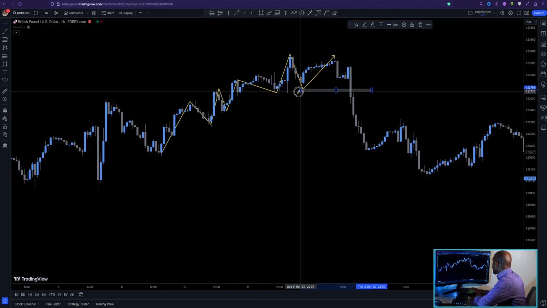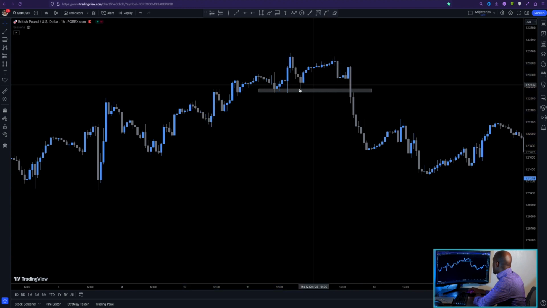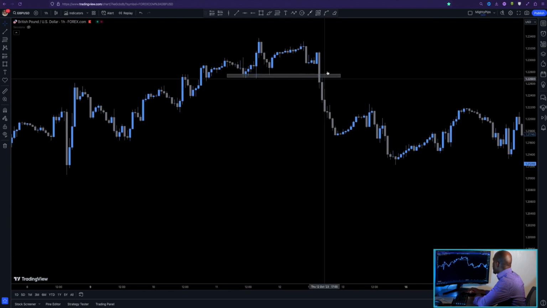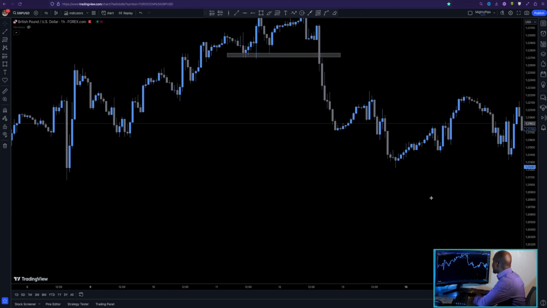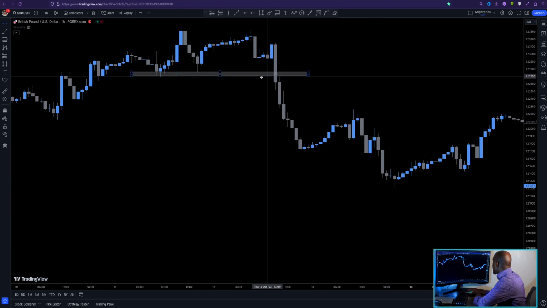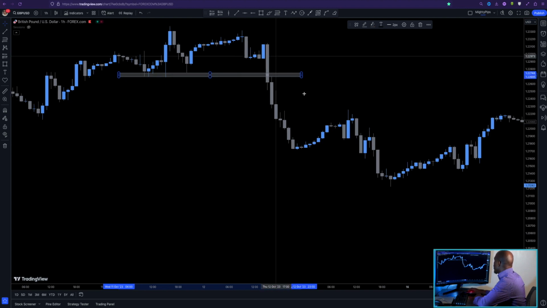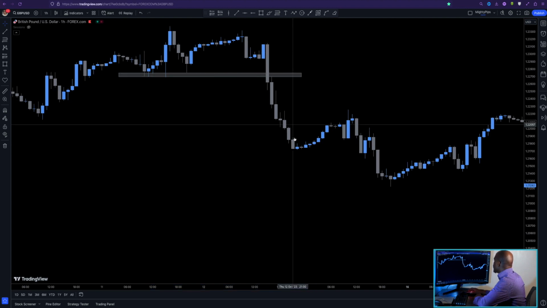So you can see that this higher low was broken here, and retested by this candle's wick here. Okay, so you know now that the market structure has changed to a downtrend.